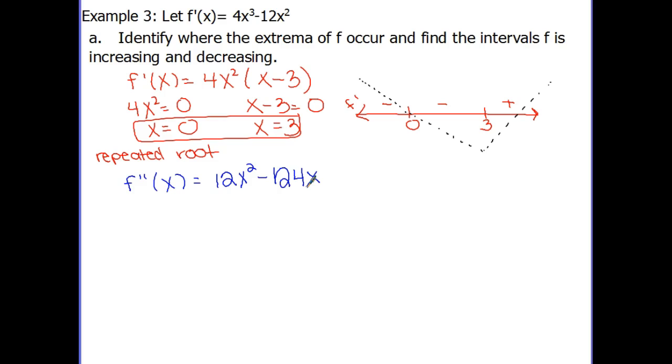Okay, factor out your 12x. Okay, what are your zeros? 0 and 2.